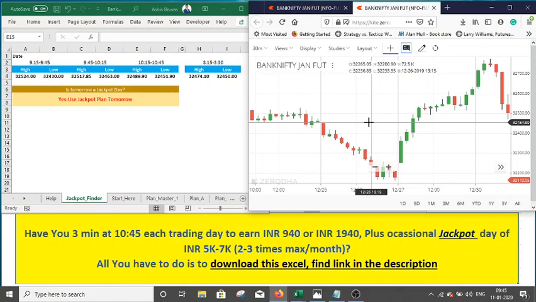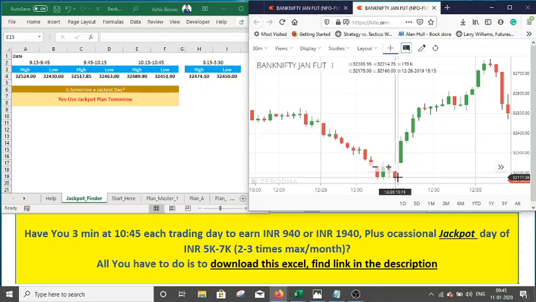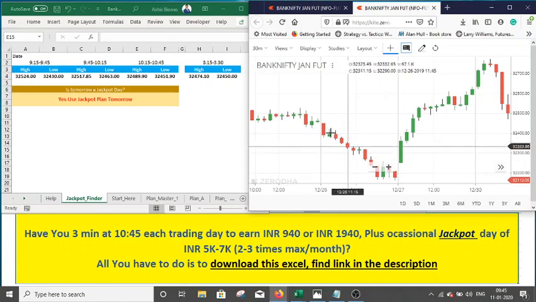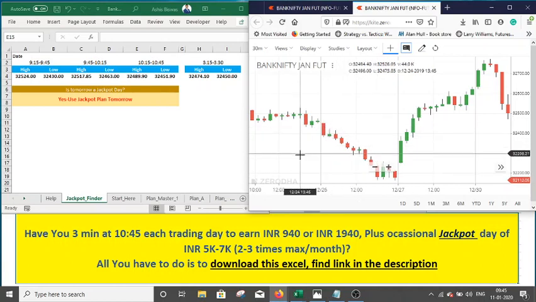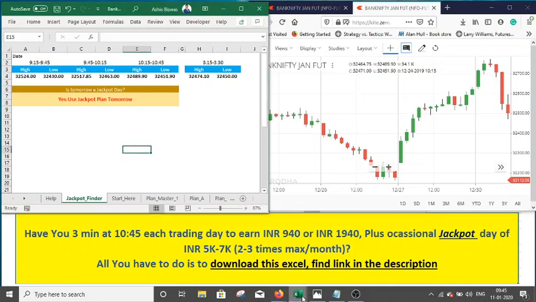By jackpot, we are trying to say that we are anticipating a day where the market is likely to open at one point and end at another point. That means there should be enough directional movement. This type of day is easy to trade, and we can make good money out of that.